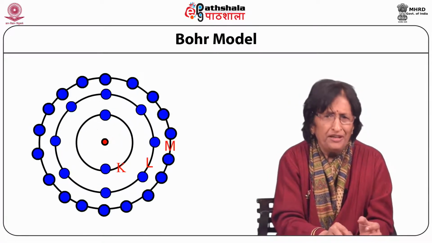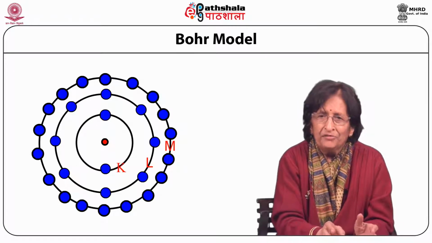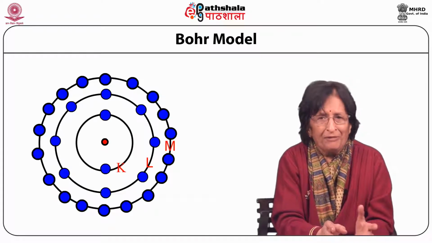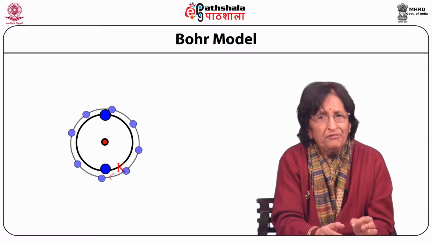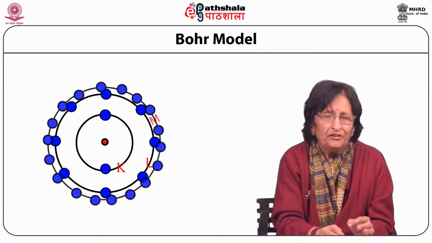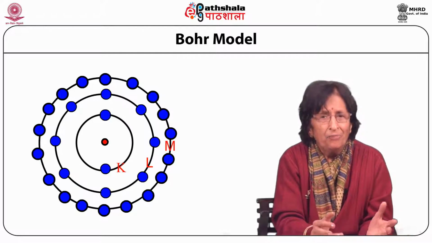The lowest value, n equal to 1, gives the radius of the orbital, which is equal to 0.0529 nanometers. This is very commonly known as the Bohr radius.